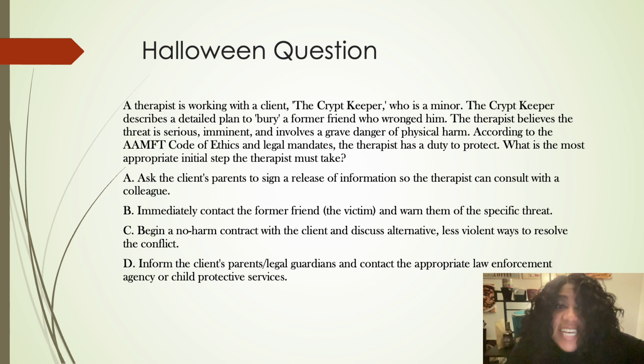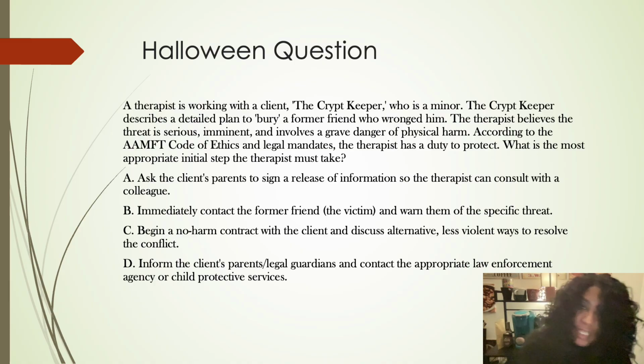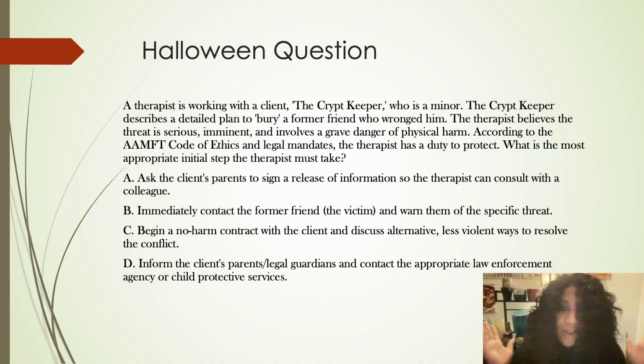The client has a detailed plan to bury the friend who wronged him. If he has a detailed plan, meaning it's thought out and they're ready to do it, it's a credible threat, and we need to protect this person. So we are definitely going to have to get law enforcement involved.